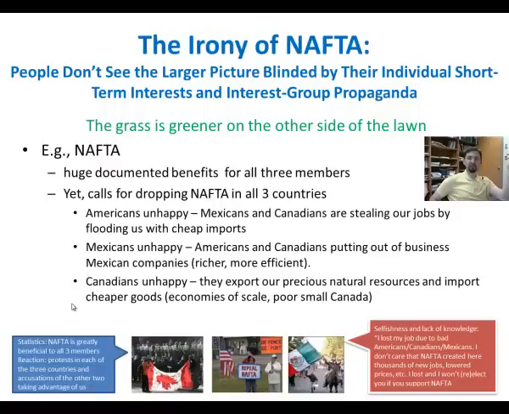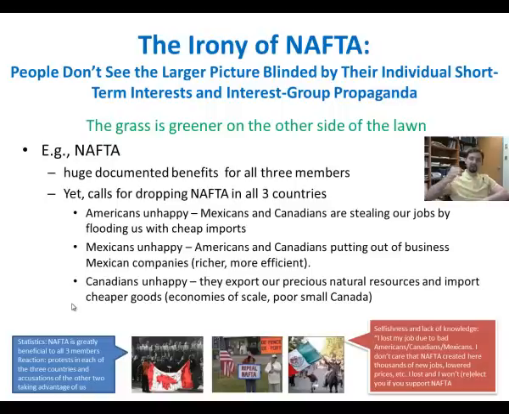Canadians believe that America and Mexico are stealing their natural resources. Americans are worried that their jobs are stolen because of Mexico and Canada. Mexicans believe that Canada and the United States are buying them out and making them permanent, I don't know, almost like slaves, because they will buy our companies and will work for them for the rest of our days.